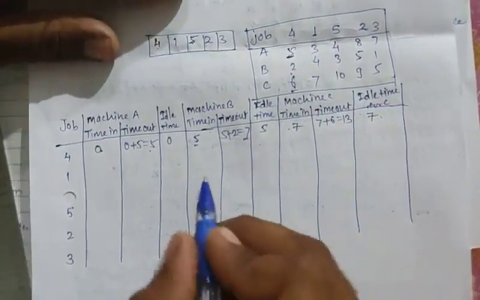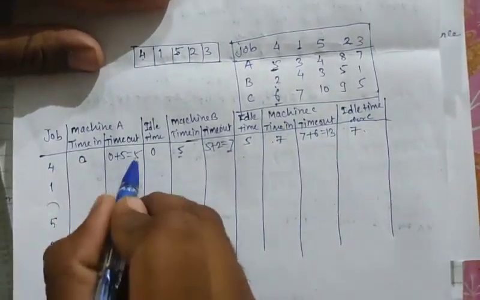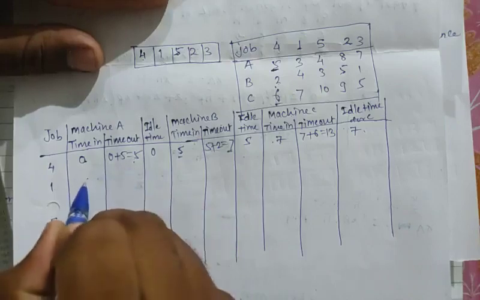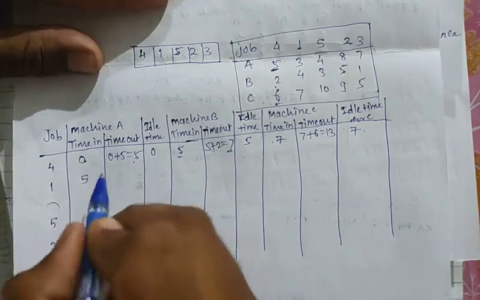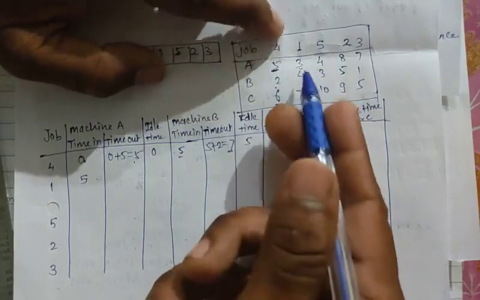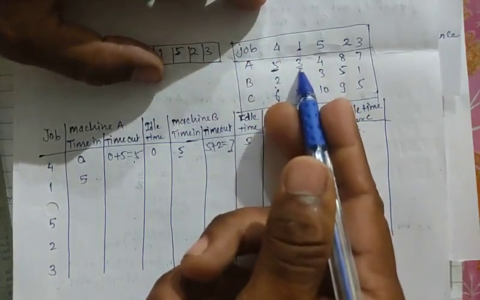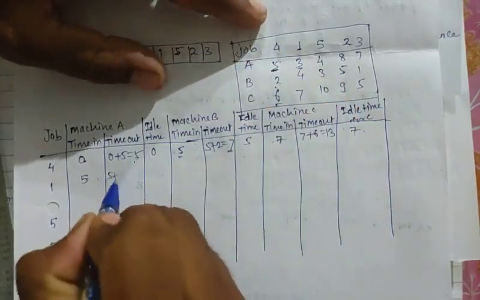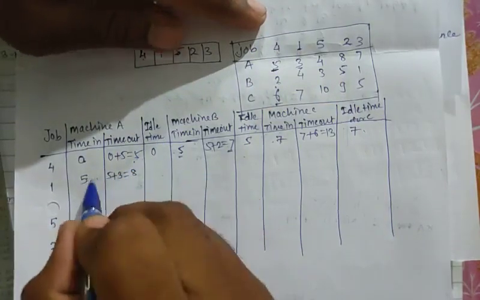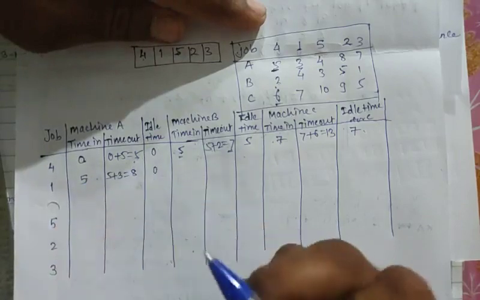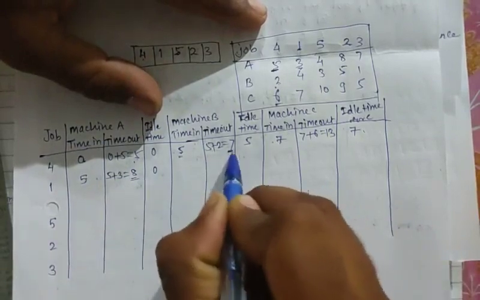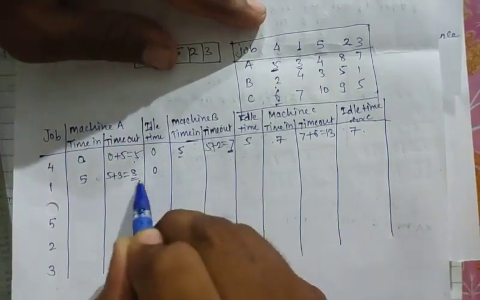Now the time out of the first job is the time in of the next job, so here is 5. For the first job, the time for machine A is 3. So 5 plus 3 is equal to 8. The idle time for this machine is 5 minus 5, which is 0. Now let's see the maximum between 8 and 7: the maximum is 8 hours.